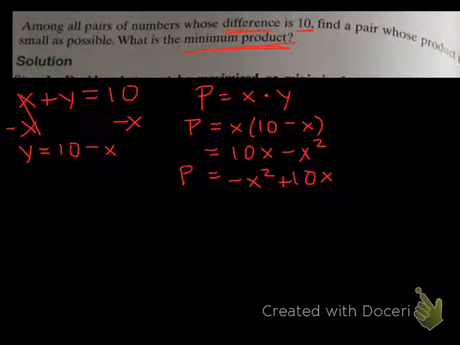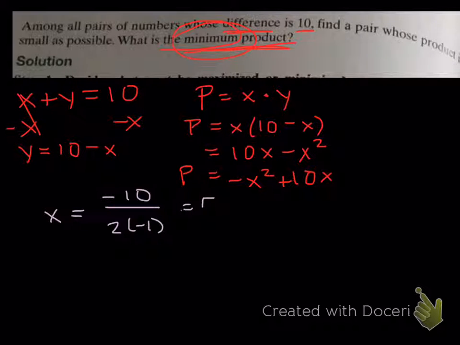And I know that whenever something says minimum or maximum, that's referring to the vertex. So now we're going to calculate the vertex. So x equals negative 10 over 2 times negative 1, which is negative 10 divided by negative 2, which is 5. And now that I know x, I need to find y.